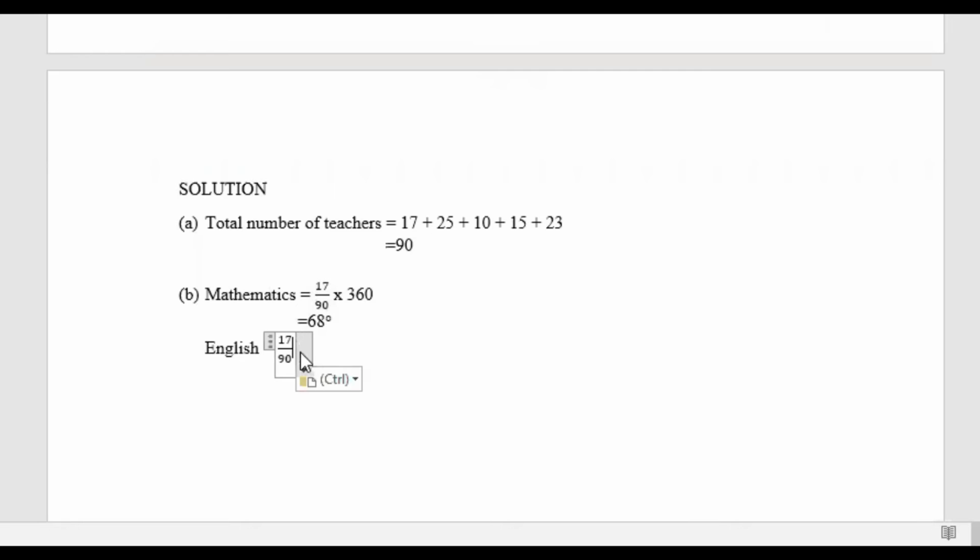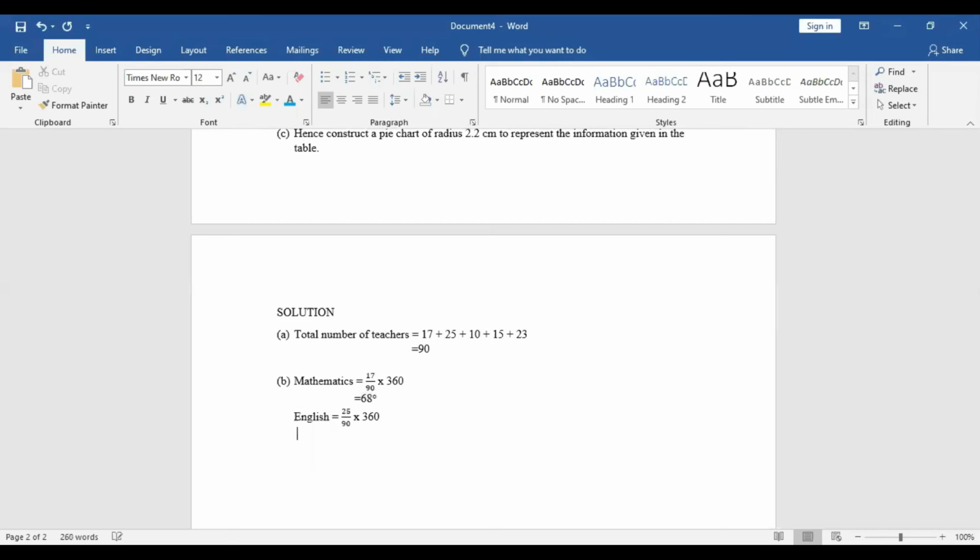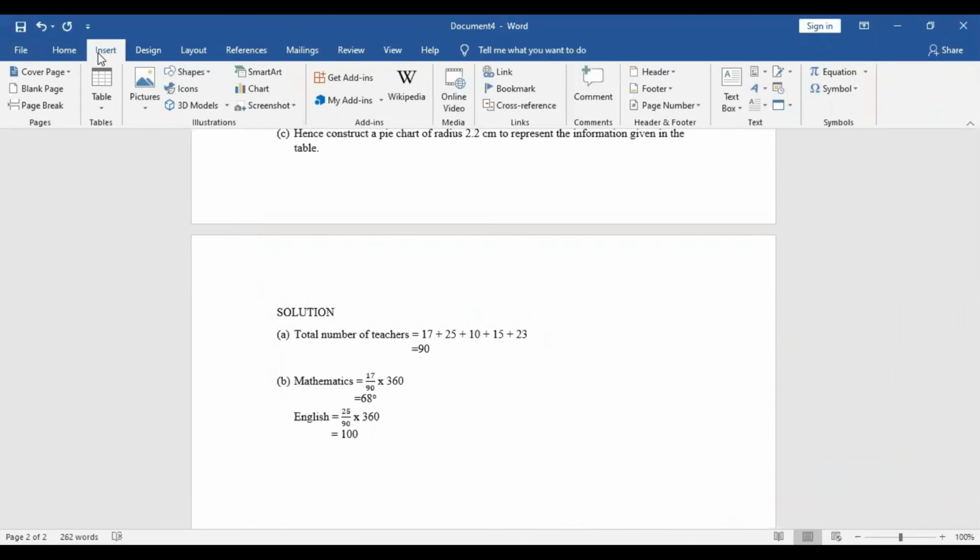So we take that 25 and we divide it by 90, and we multiply that by 360. When we multiply that by 360, what would we get? 25 divided by 90 times 360 gives us 100. 100 degrees. Correct, that's 100 degrees, right?